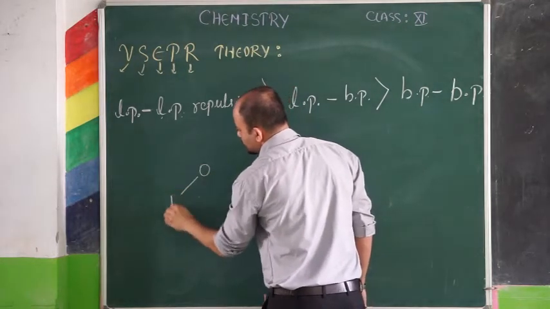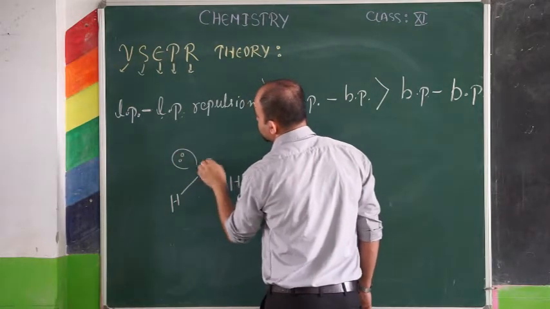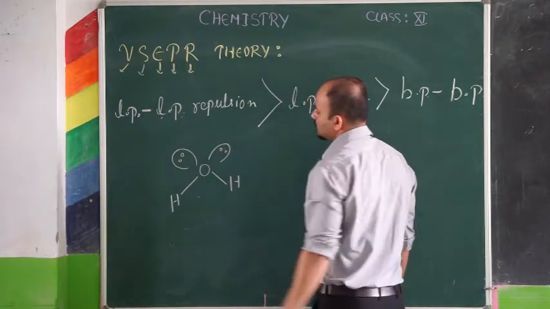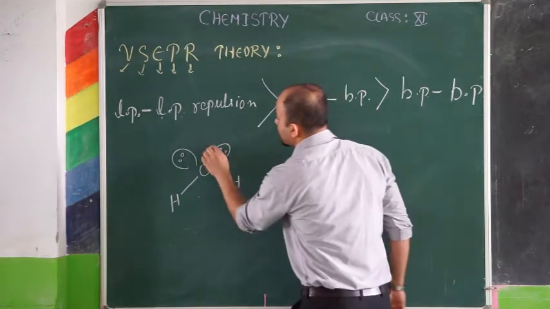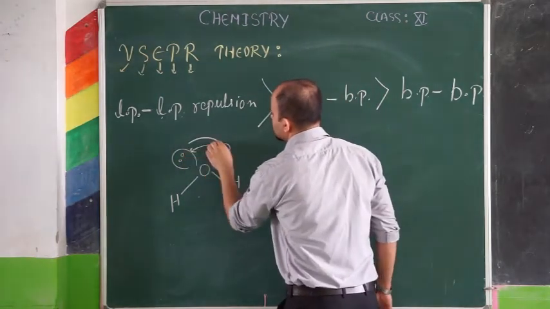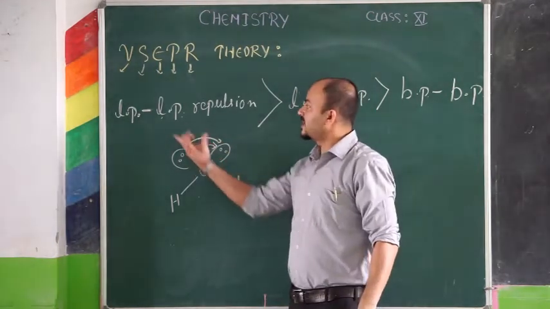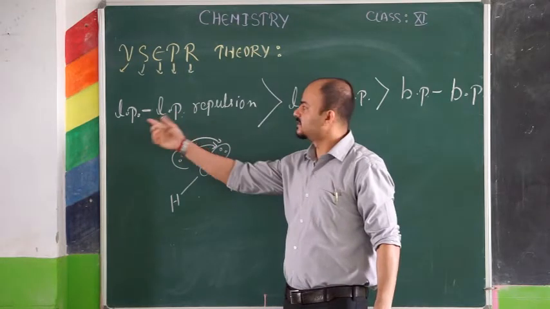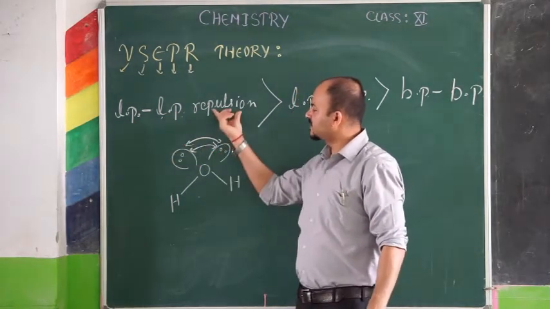Let me give you an example: the water molecule. Water, as you know, has two lone pairs. The repulsion between this lone pair and this lone pair will be maximum, so they will repel each other to the maximum extent. You can see lone pair repulsion is maximum.